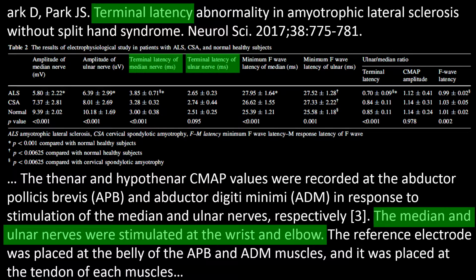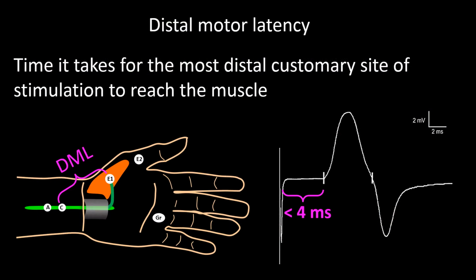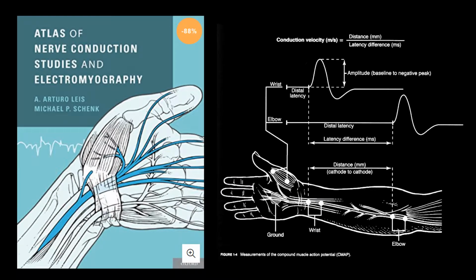Look at the words I have highlighted in green. Yet other authors use the term distal latency with a different meaning. They use it to refer to all recording going from a point of stimulation to E1 directly. This frame shows such a usage.